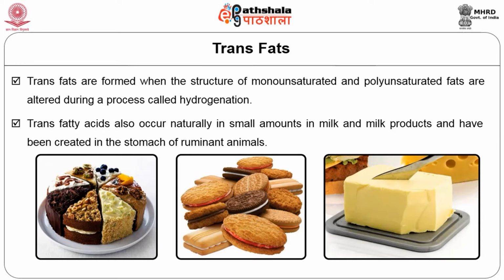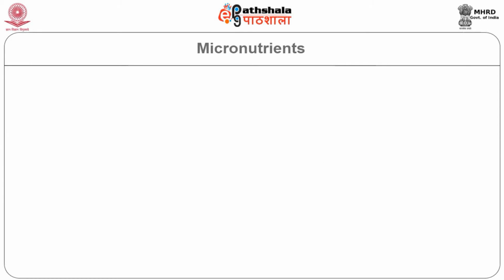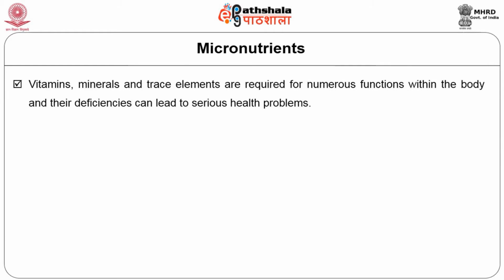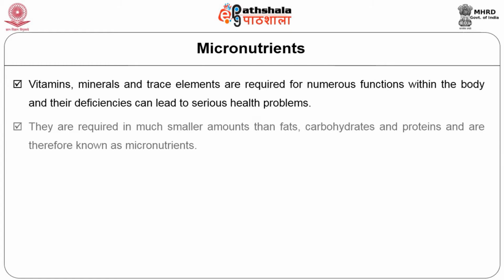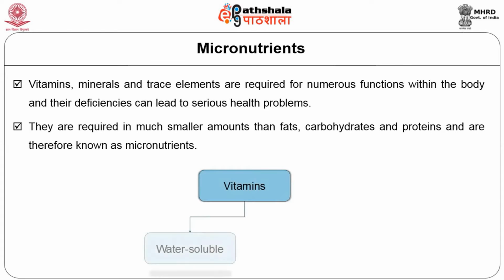Vitamins, minerals and trace elements are required for numerous functions within the body, and their deficiencies can lead to serious health problems. They are required in much smaller amounts than fats, carbohydrates and proteins, and are therefore known as micronutrients.